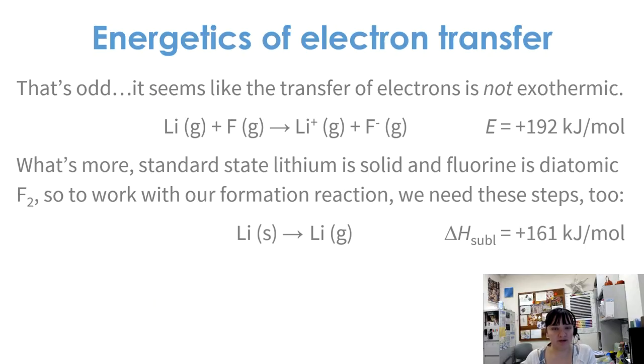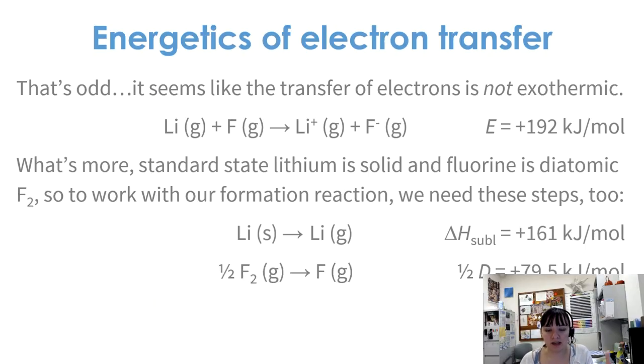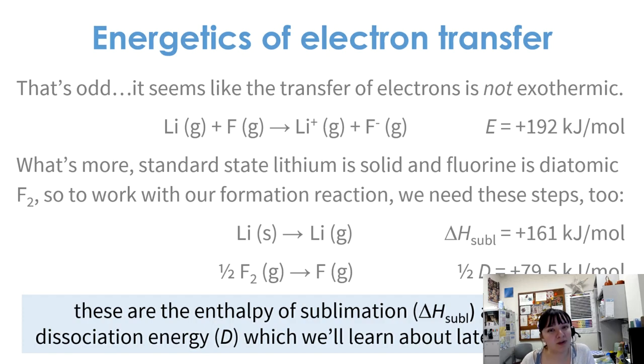Additionally, because the fluorine, being diatomic, needs to be broken up into individual fluorine atoms, that's going to have a certain energy associated with it. This is referred to as the bond dissociation energy, or really 1/2 of the bond dissociation energy. So that D refers to the amount of energy it takes to break apart two atoms, or the amount of energy it takes to break a bond.